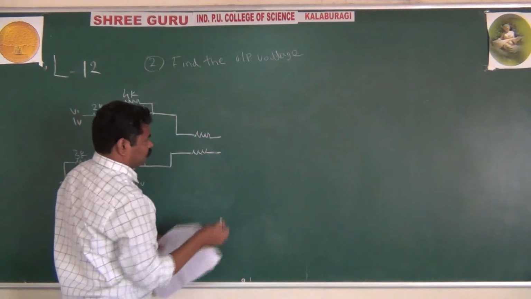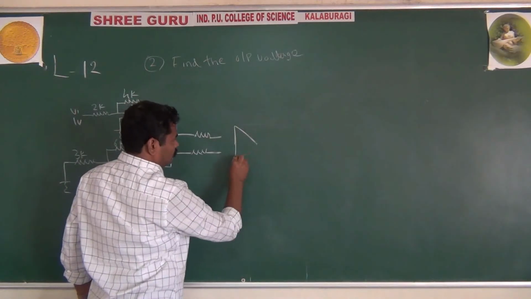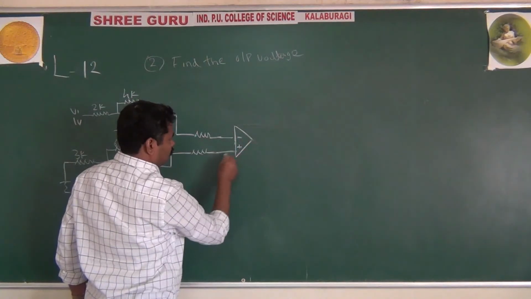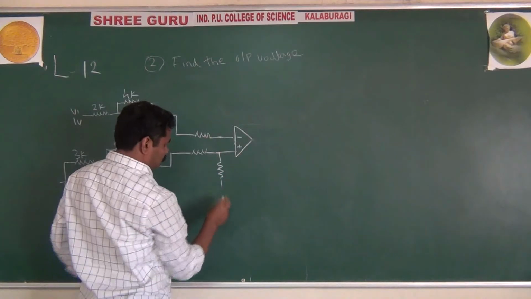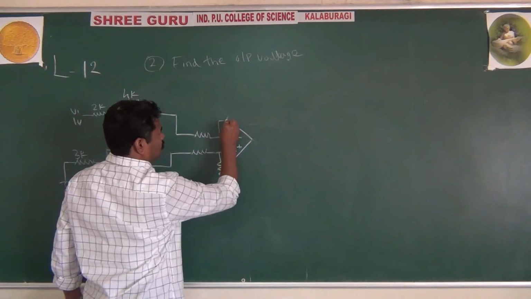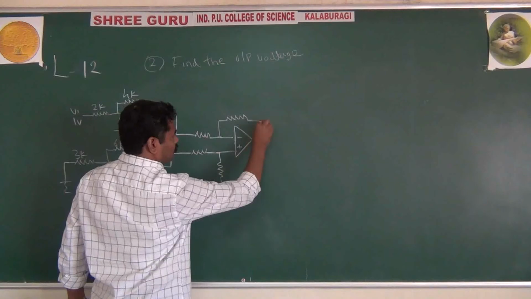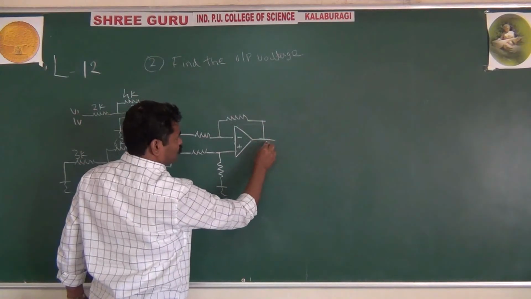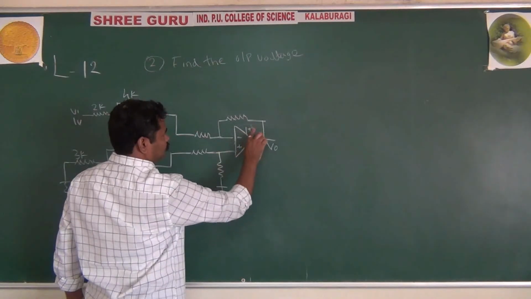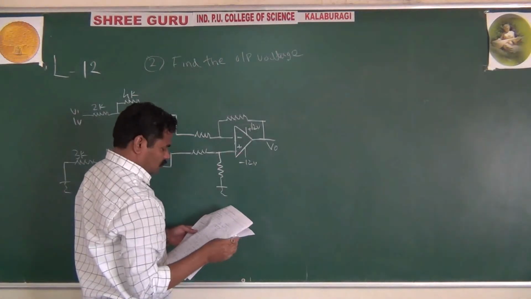Here also plus 12 volts, minus 12 volts, and you are applying 2K.